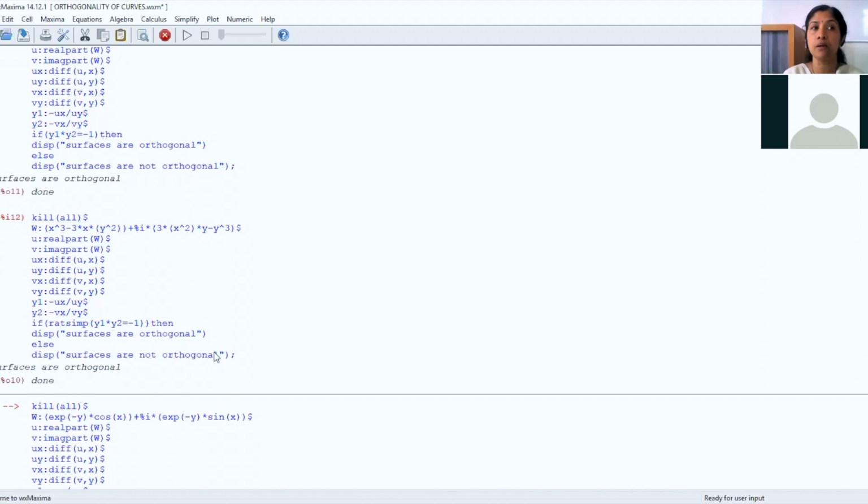W is not expressed in terms of Z. W is expressed in terms of X and Y. So what we do is we don't write Z. We write only W. Then the steps are all as above: U, V, the four partial derivatives, then Y1 and Y2, and then the product of these is equal to -1, then display the surfaces are orthogonal or display the surfaces are not orthogonal. So that procedure is the same.